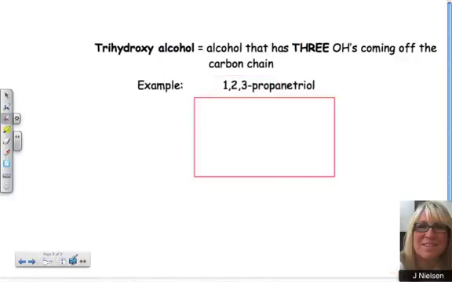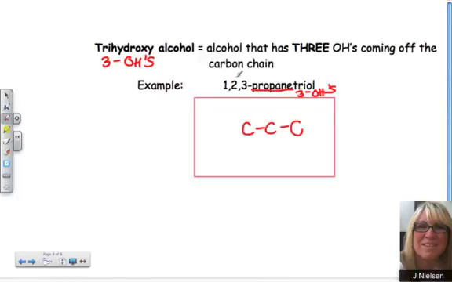A trihydroxy alcohol, tri meaning 3 OHs. So propane, and then here's your triol. So this is 1,2,3-propanetriol. The triol tells us 3 OHs. The propane tells us the parent chain is 3 carbons long.